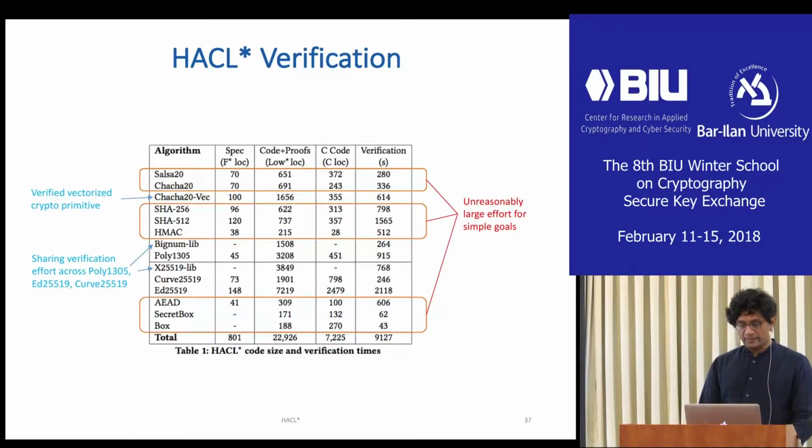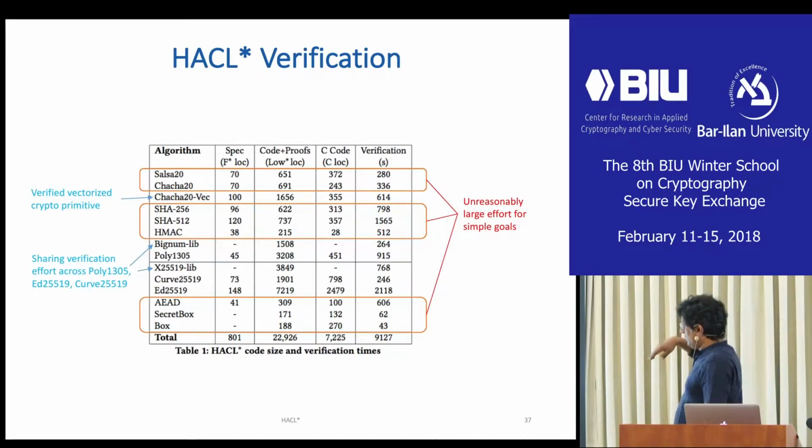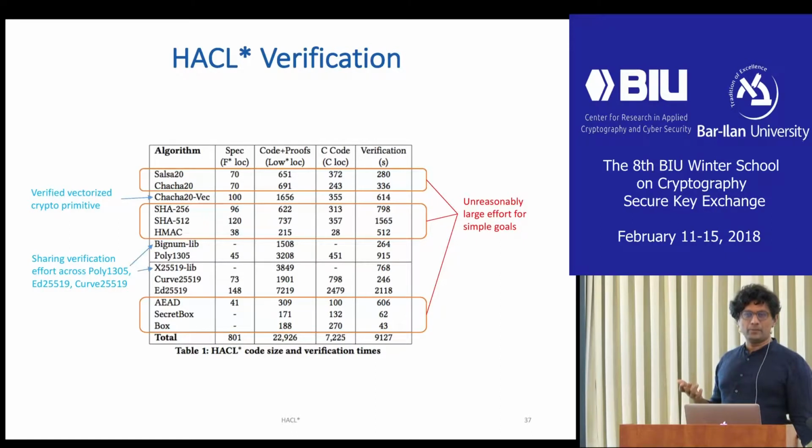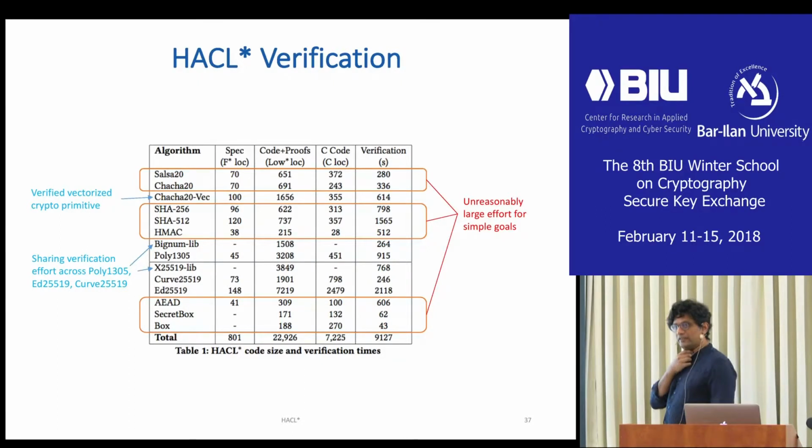Back to more or less wrap up. We have verified a bunch of this code. Verification takes quite a long time, both in manual effort to actually build the proofs and then to run the proofs. And it shouldn't take so long, because many of these properties we are proving are very simple. So we are actively trying to make it easier and faster, and I think we are succeeding.